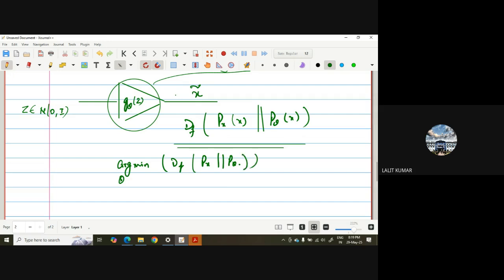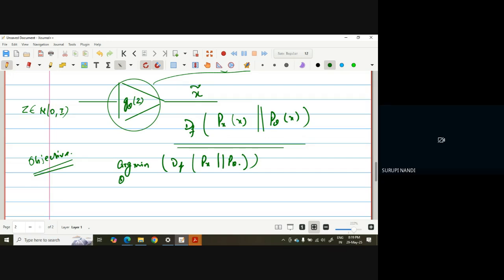So this is our objective. Till now, this is clear with everyone? Once we find this, we'll be able to estimate that distribution, right? So this is the first step to understand, and thereafter we will keep on building.